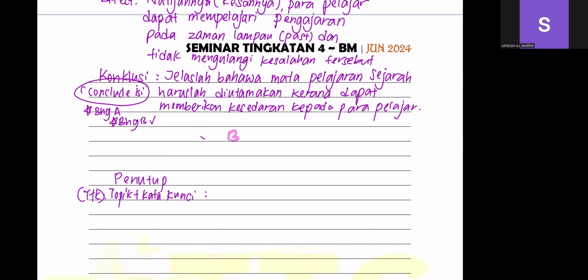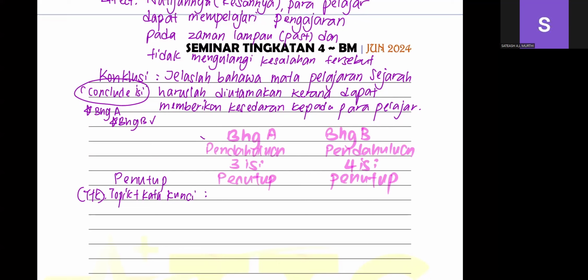Alright, bahagian A normally is pendahuluan, 3 isi, and penutup. I cannot go through 3 isi because we have limited time. Bahagian B, your long essay, which is your pendahuluan, 4 isi, they need to have 4 isi and penutup.